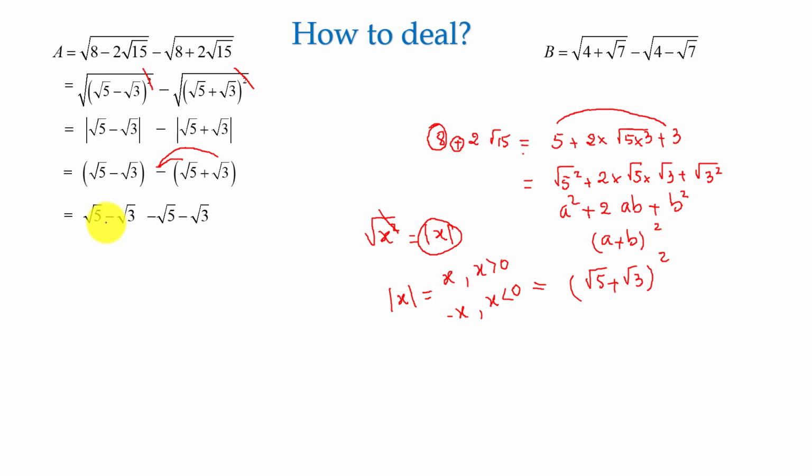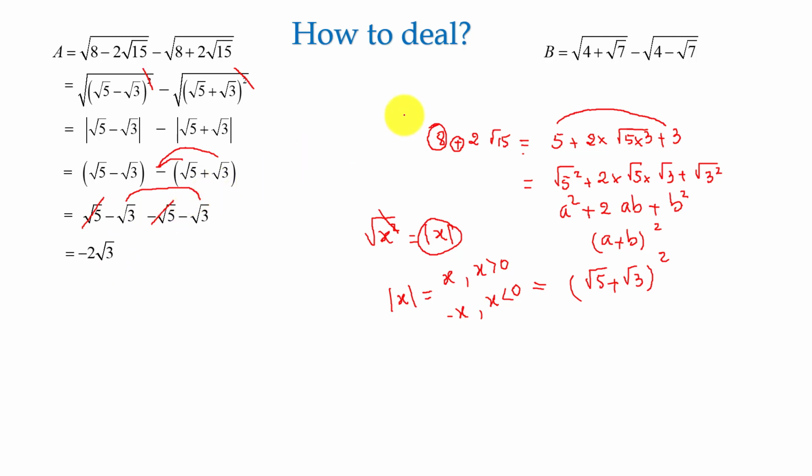So we can cancel square root 5 with square root 5, and square root 3 and square root 3 we get minus 2 square root 3. So we can write A equals minus 2 square root 3.